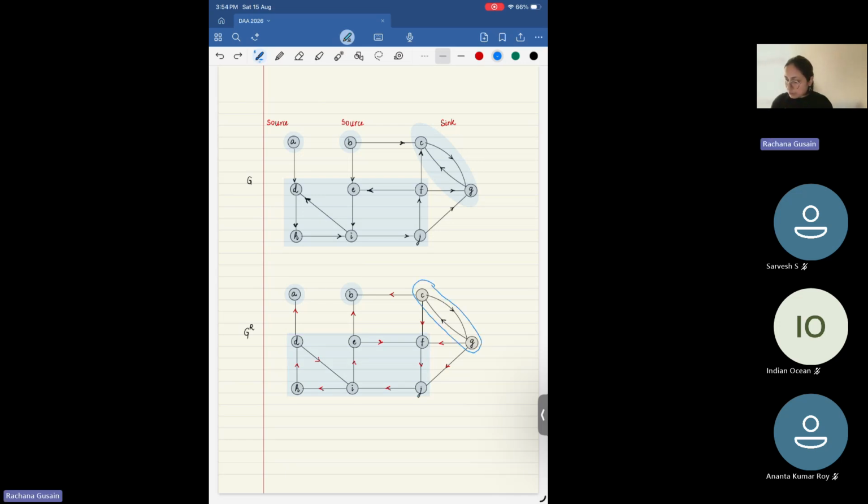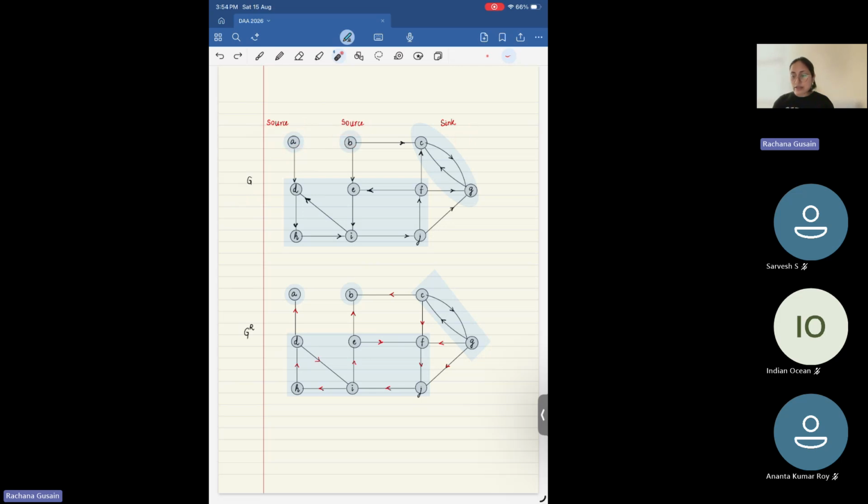Do they change? I'm not able to draw this properly. So in the original graph G, these two were source SCCs.